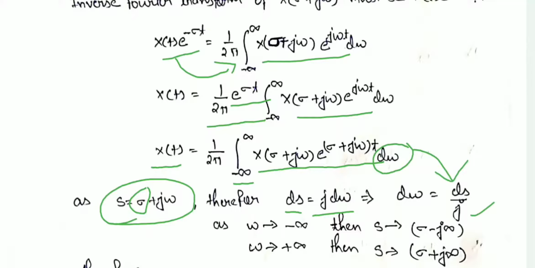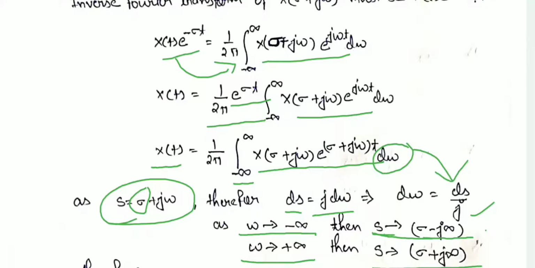Now when we move the limits, as omega tends to minus infinity, s tends to sigma minus j infinity, and if omega tends to plus infinity, then s tends to sigma plus j infinity.